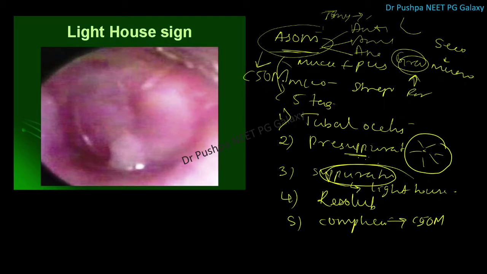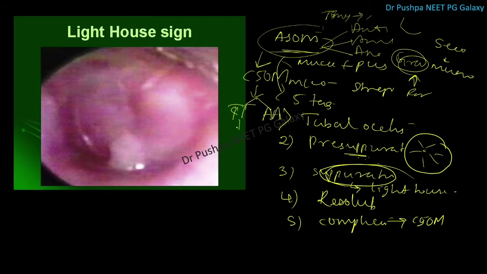What is chronic suppurative otitis media? In this there will be perforation of the tympanic membrane and ear discharge. There are again two types of CSOM: one is the tubotympanic type, another is atticoantral CSOM.